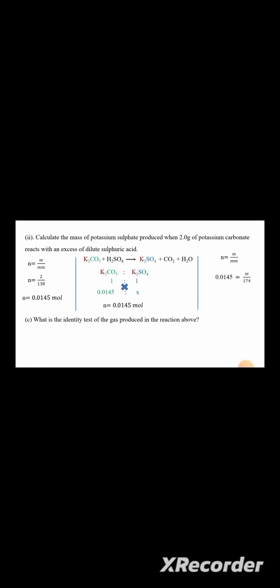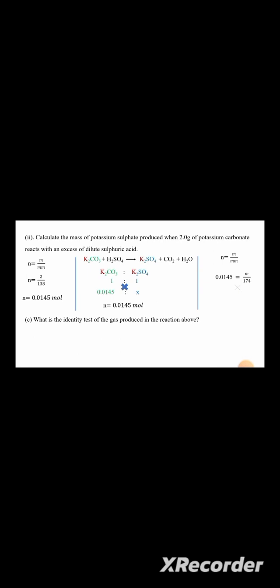So you substitute your equation like that. The number of moles is equal to mass over the molar mass of potassium sulfate. There are two atoms of potassium there, as you can see. And then we have sulfur, one atom, so 1 times 32, its mass number, gives us 32. Then we have 4 oxygen atoms times 16, which is 64. When you add together, you are going to get 174.